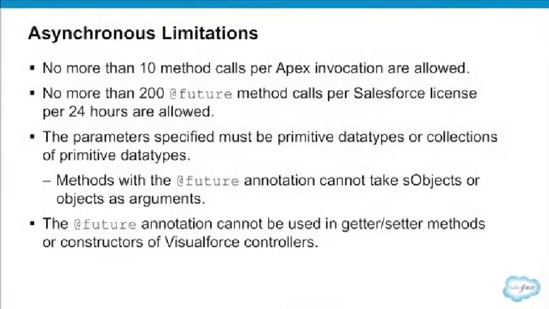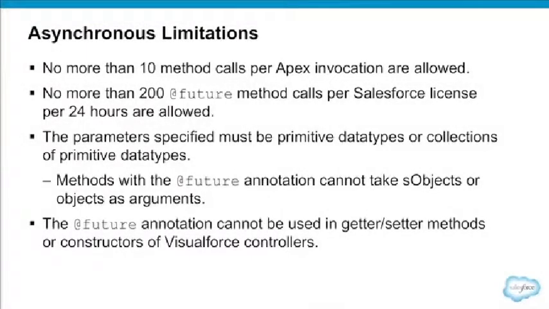Salesforce wants customers to use this, but they don't want them to go too crazy with it, because every time you do one of these, you're essentially creating a separate transaction. I mentioned this previously. When you execute your asynchronous code in that future transaction, it gets its own set of resources that it can utilize during its own execution.